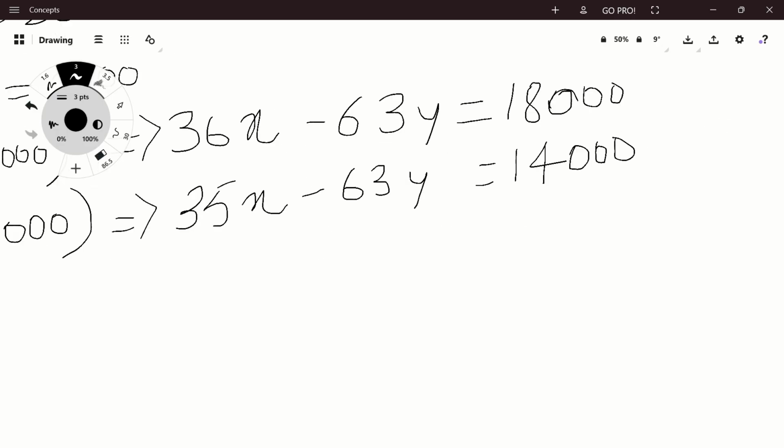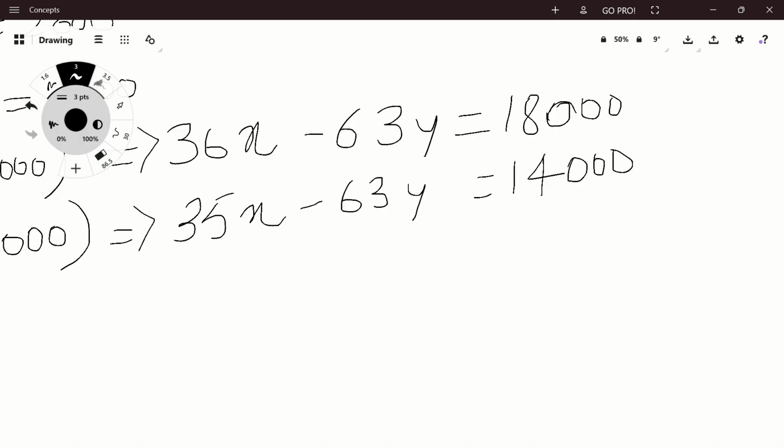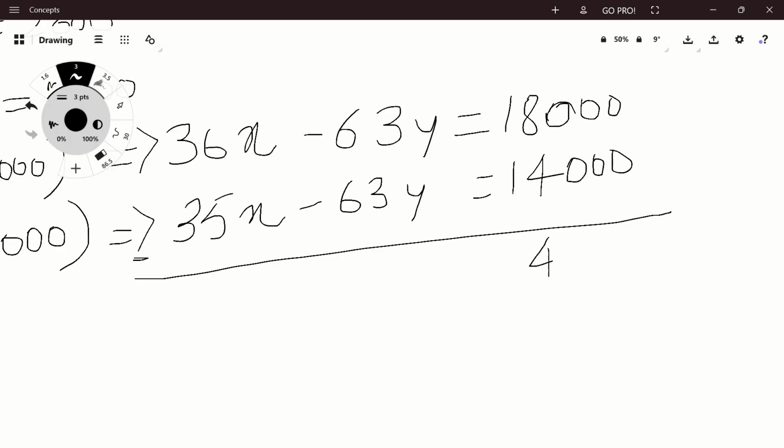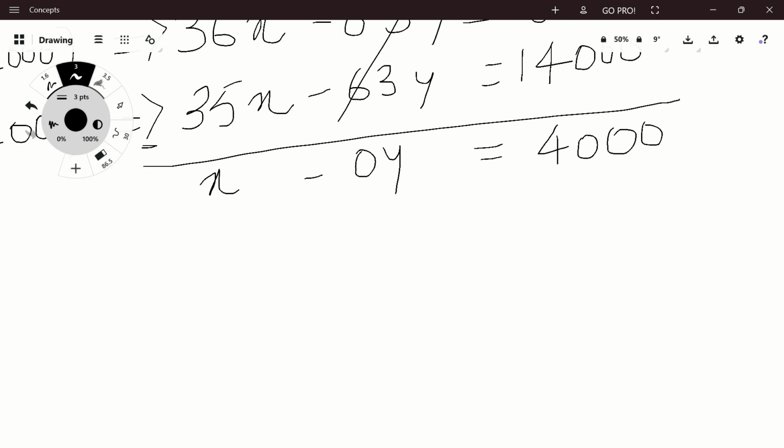Now, subtracting the first equation from the second equation, we get 4,000 0y and x. So the value of x is 4,000.